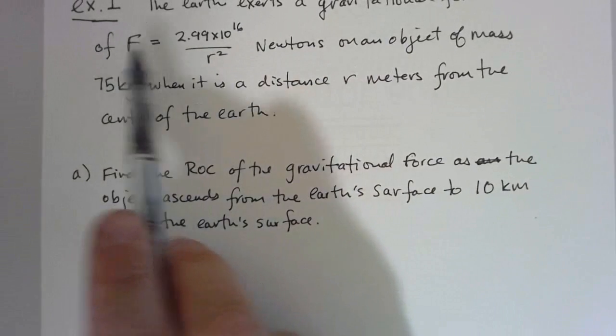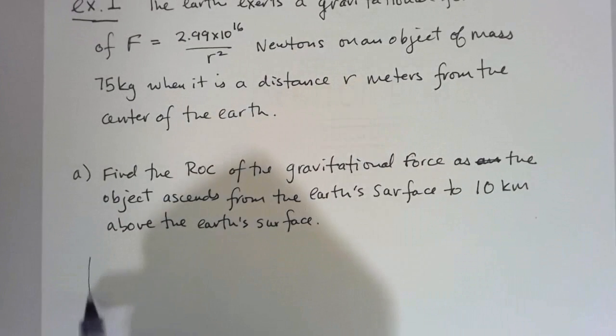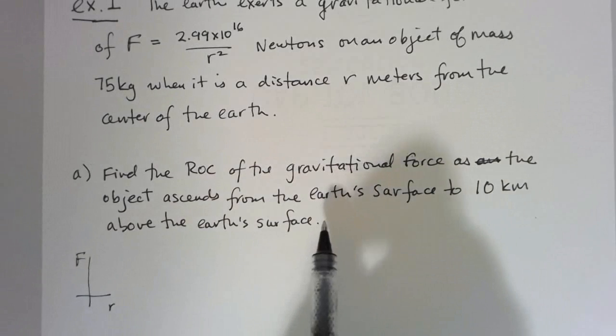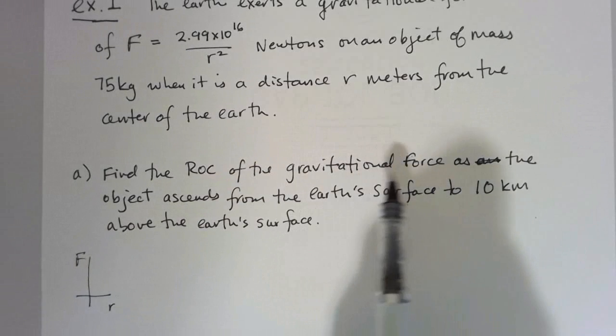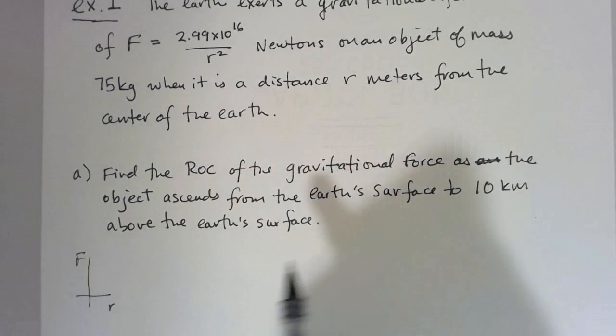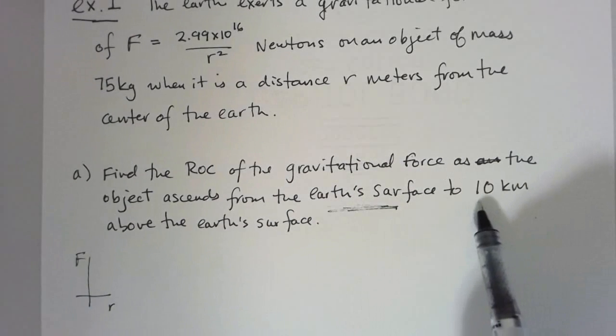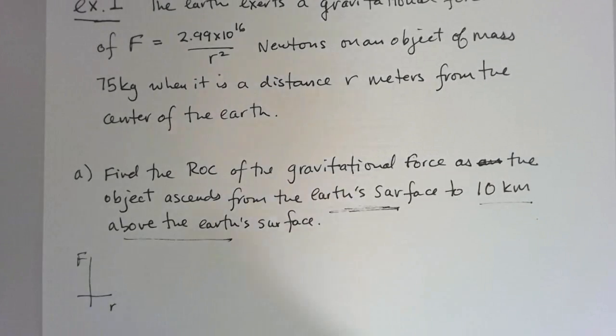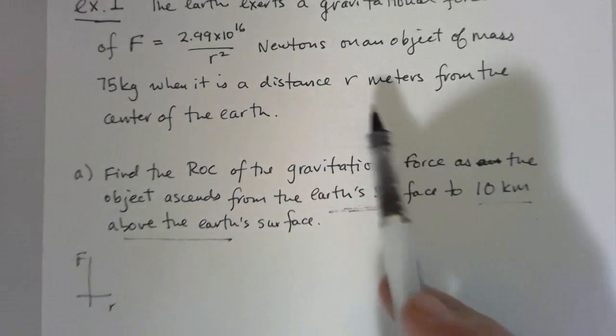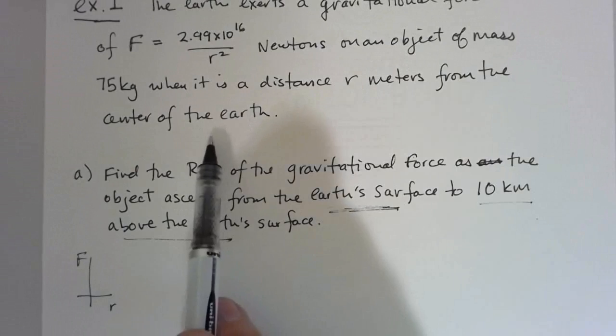So here we have F as a function of r. So if we were going to think graphically, we've got F and r. And we want to know the rate of change of the gravitational force as it goes from the Earth's surface, so there's my first value of r, to 10 kilometers above the Earth's surface. But what does r represent? Well, r is distance from the center of the Earth.